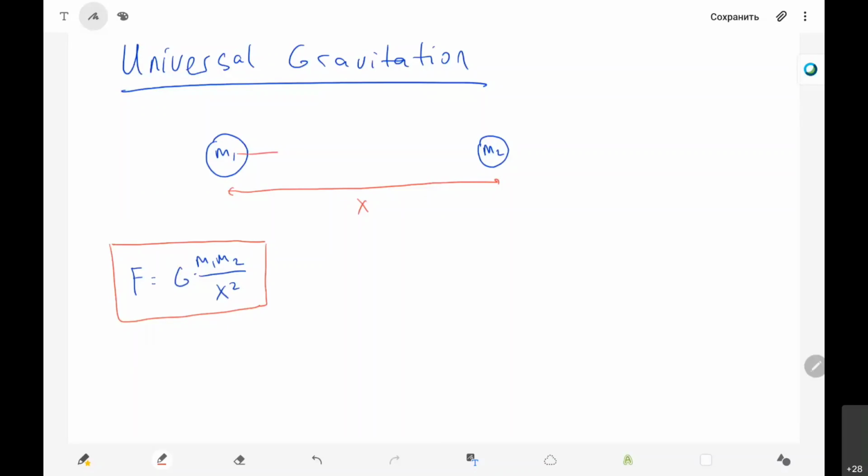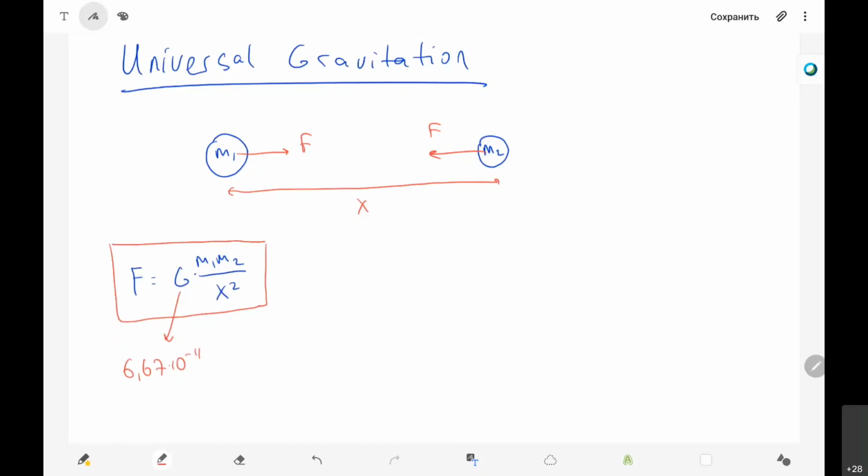They will attract each other. This is the direction of this force, F and F. G is the universal constant and equal to 6.67 times 10 to the power of minus 11. Mass m1, m2, mass in kilograms, x is the distance in meters. So by using this equation, you can find any force between any two objects.